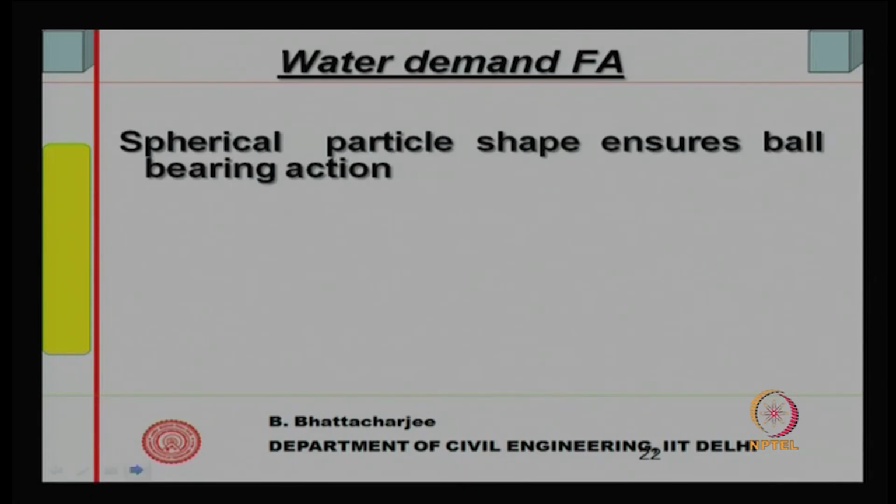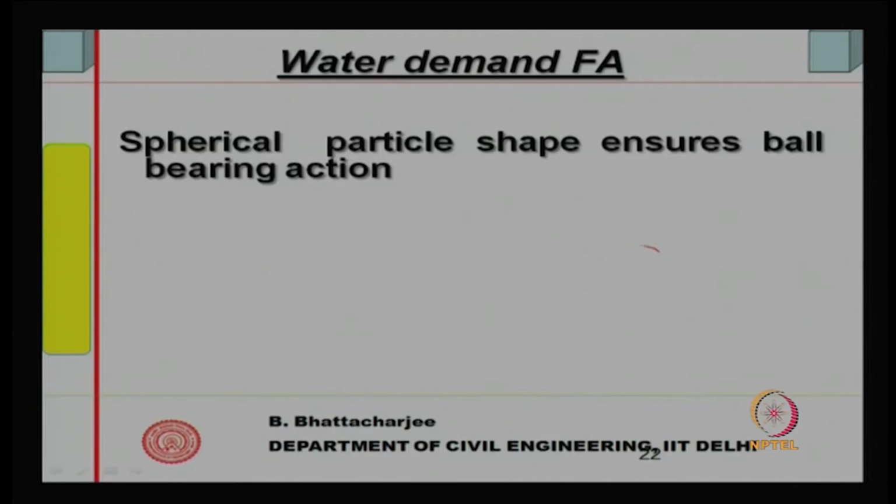Water demand, let us see, because do they affect the workability, water demand, right. So, now when it is a spherical particle like fly ash, it ensures better packing of the cementitious system, and also there is some amount of ball bearing effect.